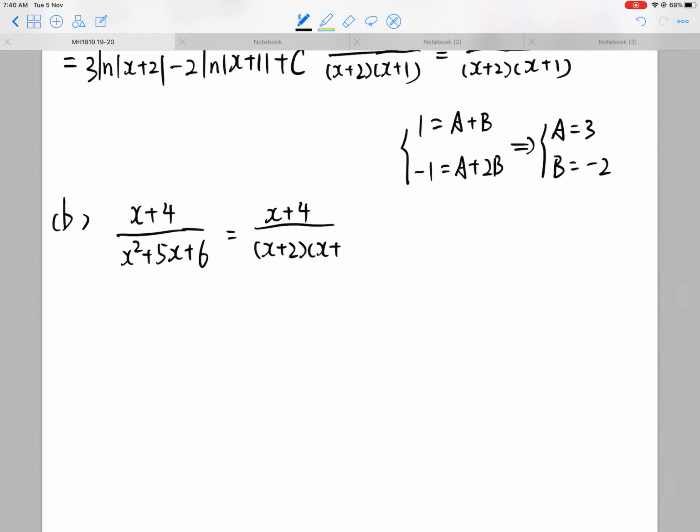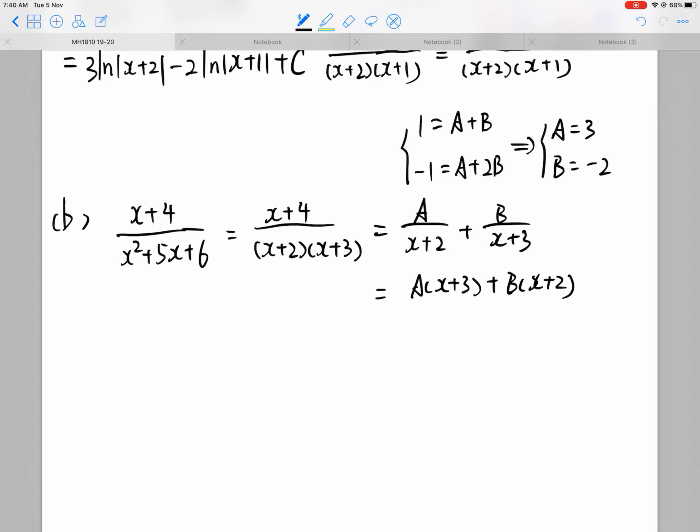So again, it's a over (x plus 2) plus b over (x plus 3), which is a times (x plus 3) plus b times (x plus 2) over (x plus 2) times (x plus 3). So read the coefficient of x: 1 equals a plus b.